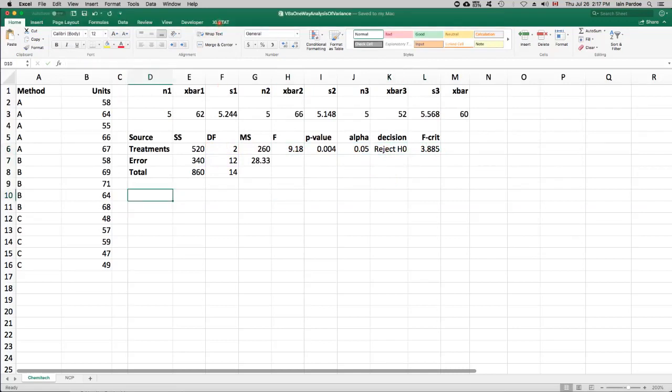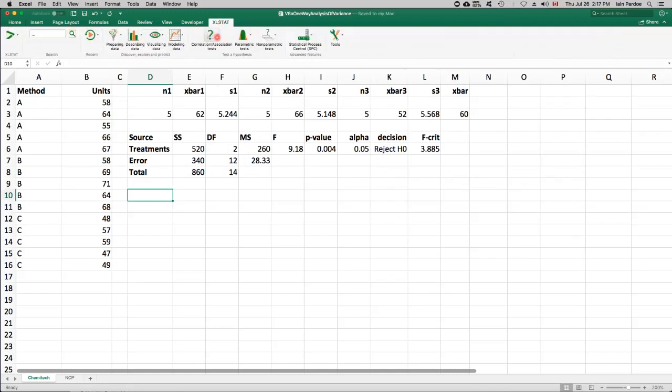So let's see how XLStat handles this. This test is to be found under modeling data. So modeling data and then ANOVA, standing for analysis of variance.